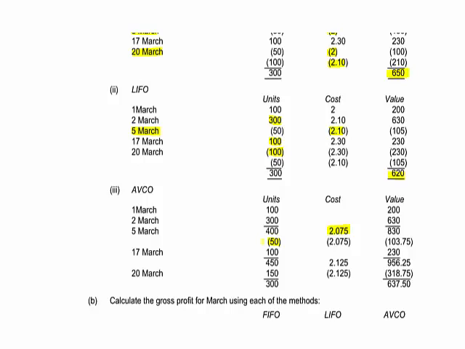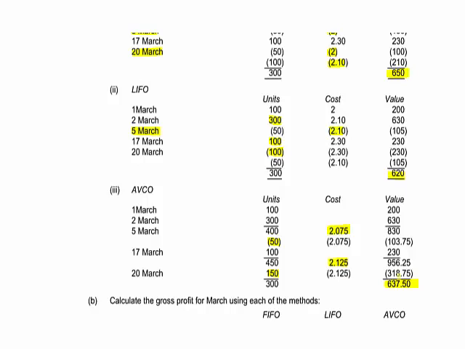Then we buy some more on the 17th, work out a new average valuation, and use that for the 150 that are issued on the 20th of March. And as you would expect, the AVCO inventory valuation is between the LIFO and FIFO versions.